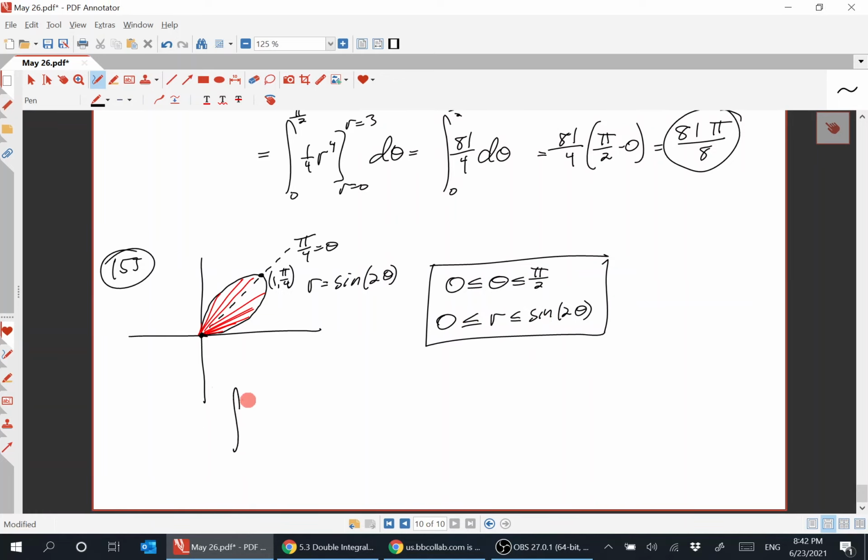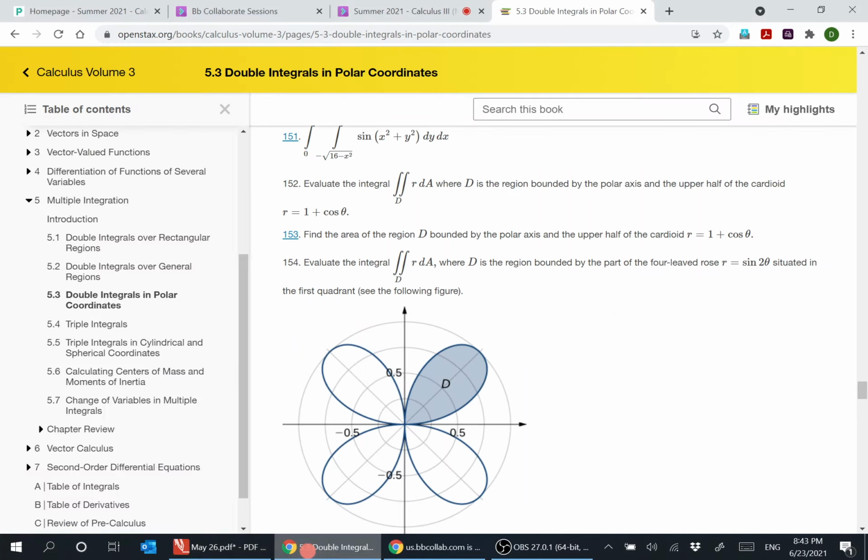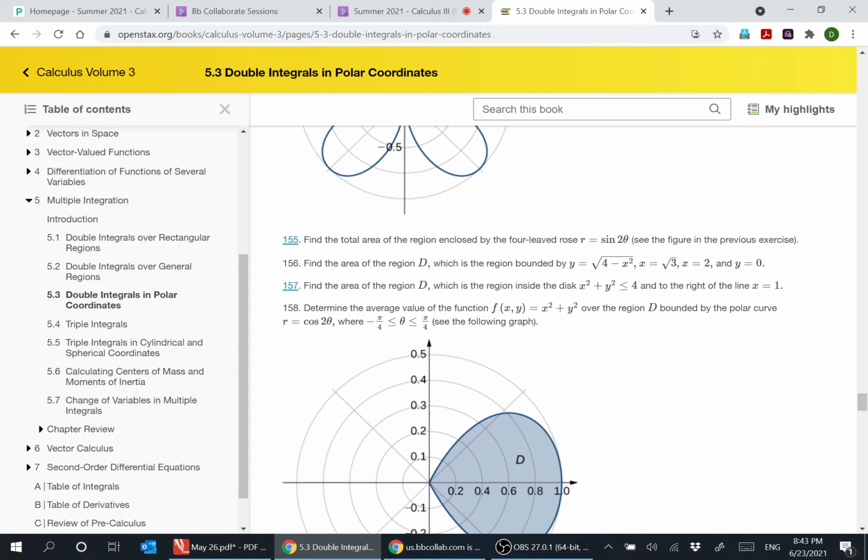So double integral over D of r dA. Oh, sorry. No. Wait. 155. Oh, that's 154. Crud.